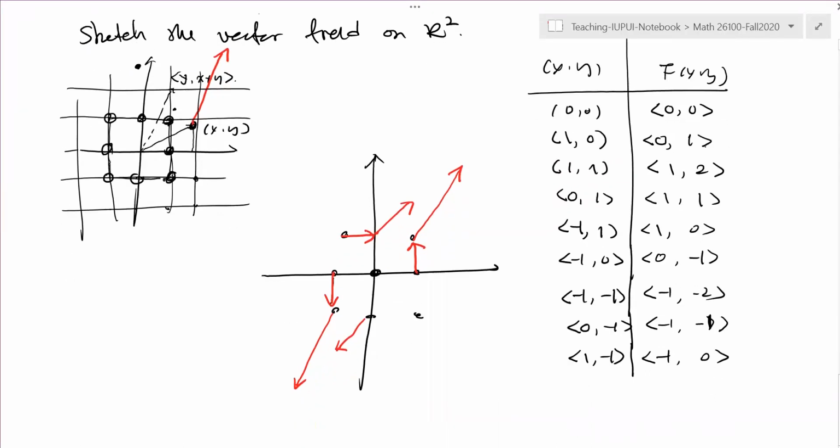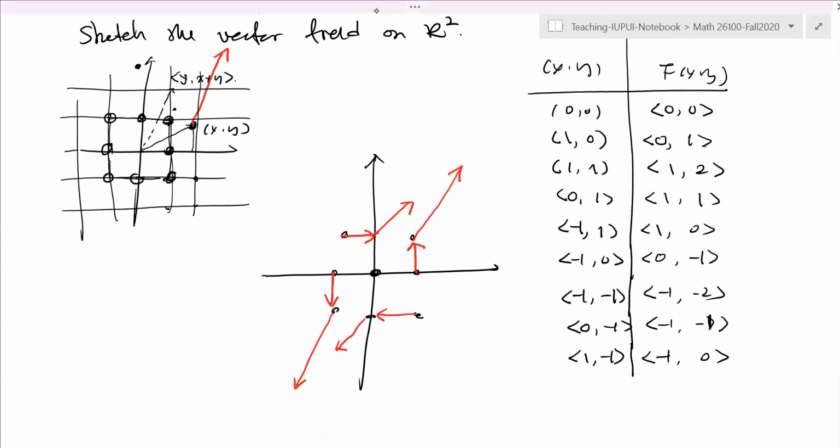Okay, and finally, the last point. 1, negative 1. Okay, y is negative 1, and add them together, it's 0. So the first component is going to be negative 1. It looks like, yeah.